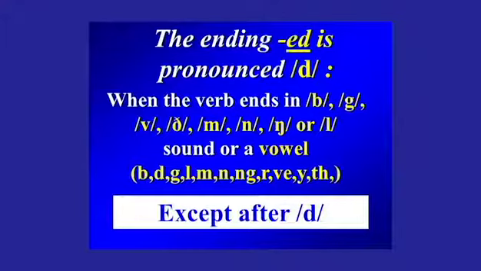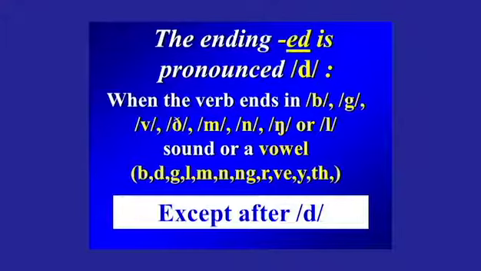When the verb ends in b, g, v, th, m, n, or l. Let's see, I will pronounce it for you. So when the verbs end in b, g, v, th, m, n, l. Why?